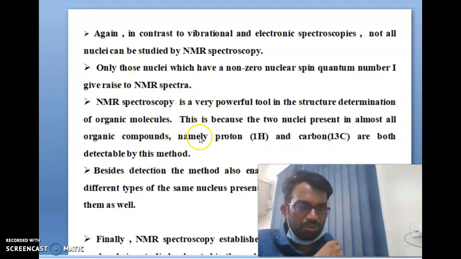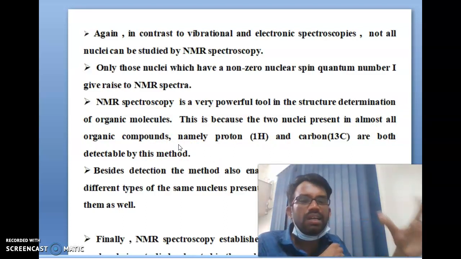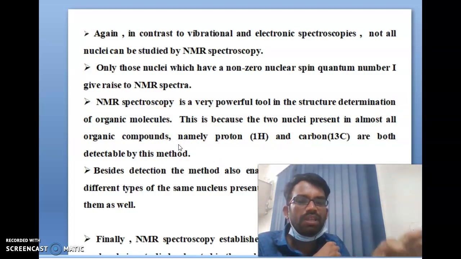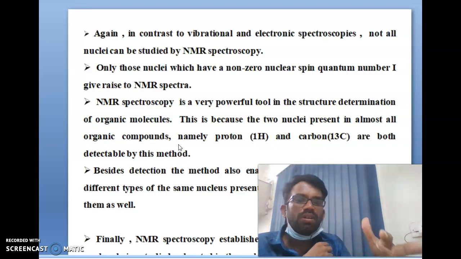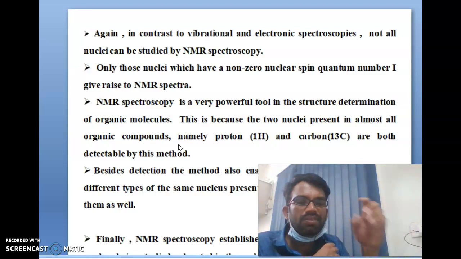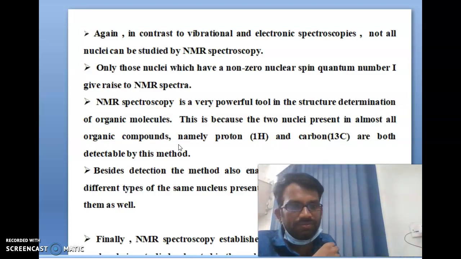This is because two nuclei are present in almost all organic compounds: one is the proton and the other is carbon. Both are detectable by this method. That's why NMR is a very important technique for structure determination.